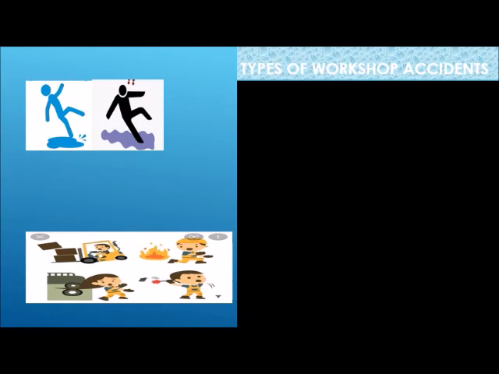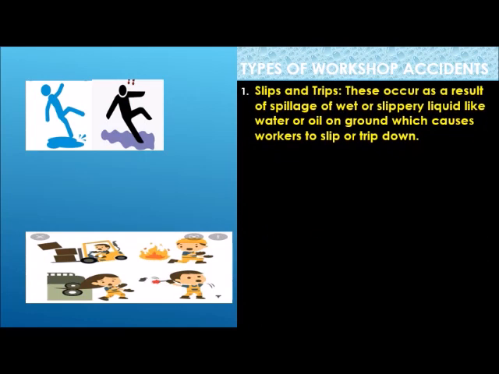Types of workshop accident. The first one, slips and trips. This occurs as a result of spillage of wet or slippery liquid like water or oil on ground, which causes workers to slip or trip down. An example is seen in the image displayed above on your screen. 2.